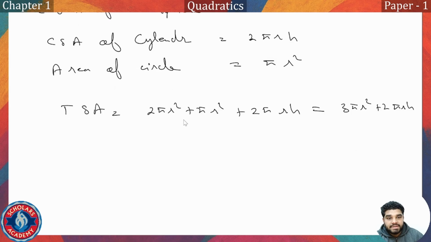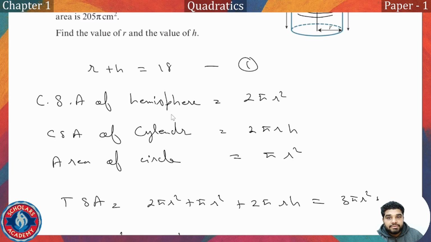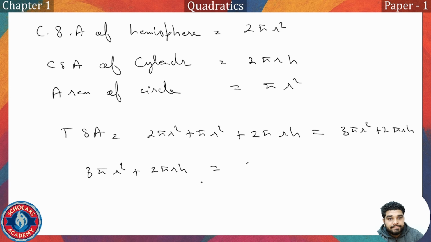Okay, so 3 pi r square plus 2 pi r h is equal to 205 pi centimeters square. So not writing units right now.